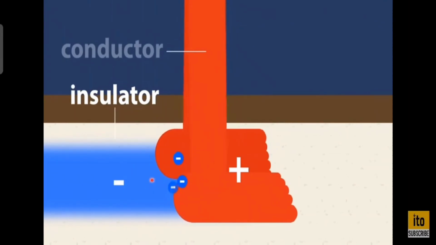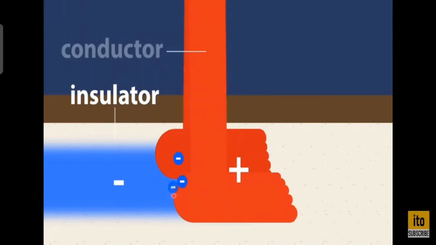Meaning to say, a charge imbalance is being created between you and the carpet. If you can still remember, atoms should be balanced, meaning the electrons and the protons are in the same number.